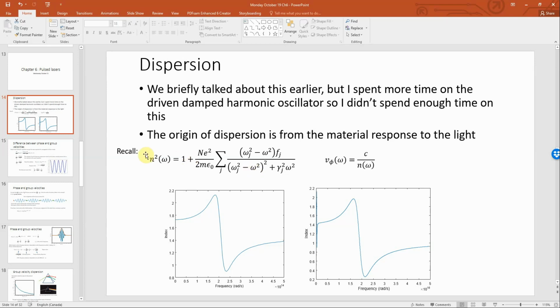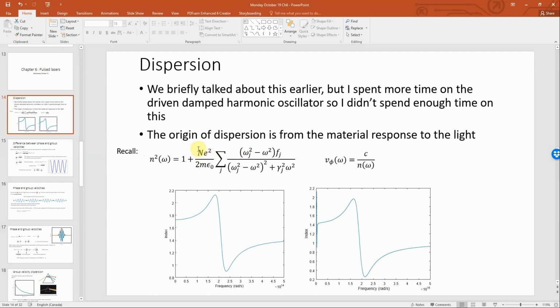So the index of refraction squared is given by 1 plus, and this is more accurate for gases. It works for solids and liquids as well, but it's not exactly quantitative; it gives you some inclination of where this comes from.